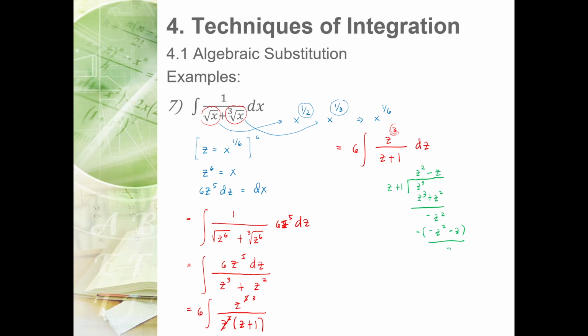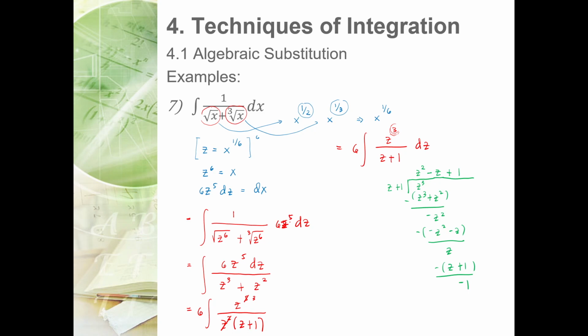Then z is left, right? You should already know long division, since it would take some time if we review basic stuff. Then this one is plus 1, so z plus 1, then minus 1.